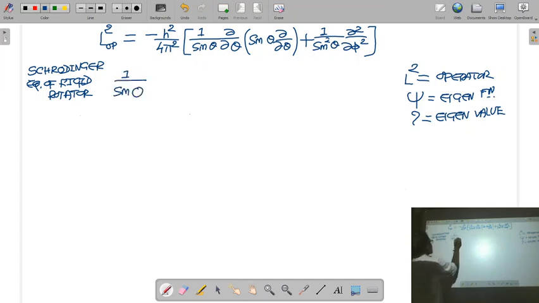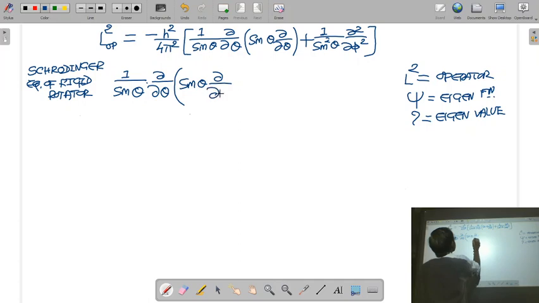you have this equation. The Schrodinger equation of rigid rotator is like this: 1 upon sin theta d by d theta sin theta d by d theta. This d by d theta operator was operating on psi. Actually, you know that psi we have separated into two parts, theta part and phi part.